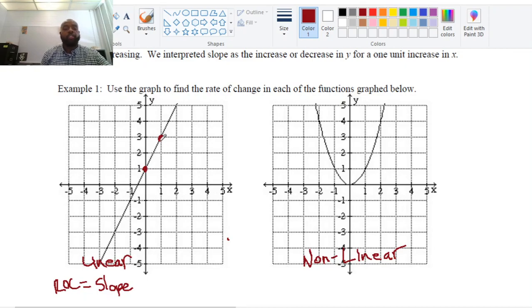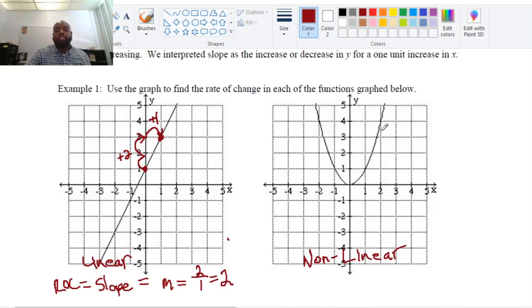To get from this point to that point, I go up 2 units, so that's +2, and I go to the right 1 unit, so that's +1. My slope is m equals 2 over 1, which is 2. This was the same function we looked at in the table from last class. So for our linear function, our rate of change is our slope.